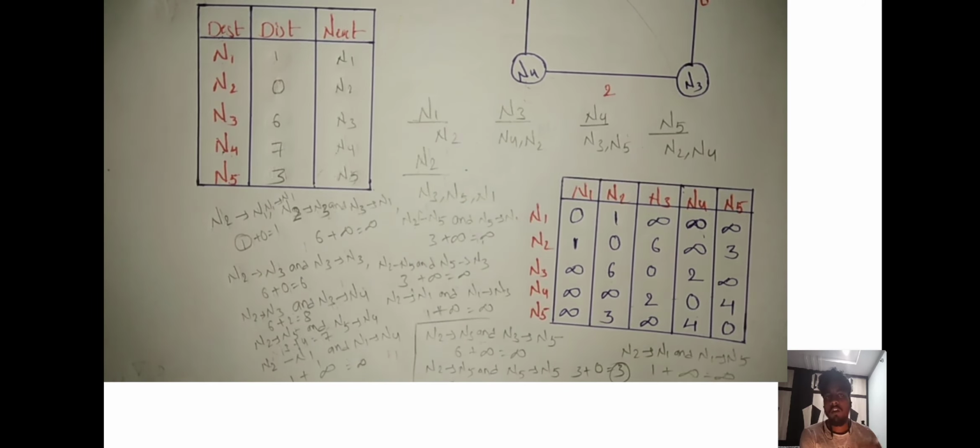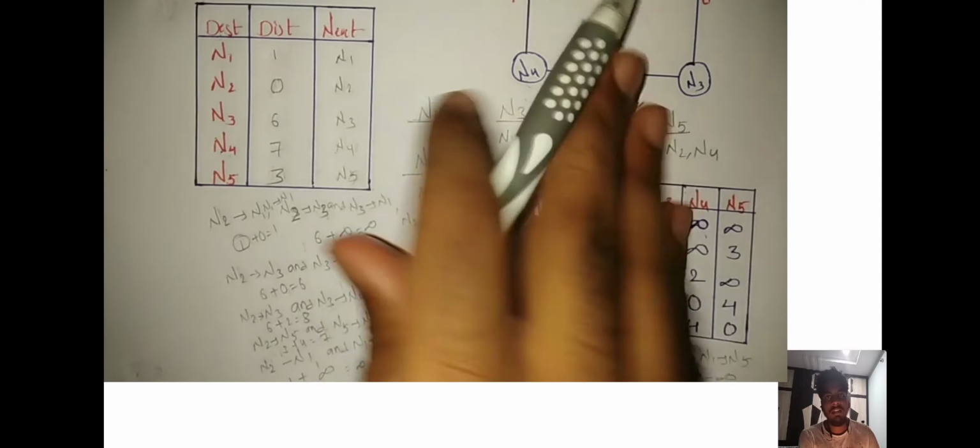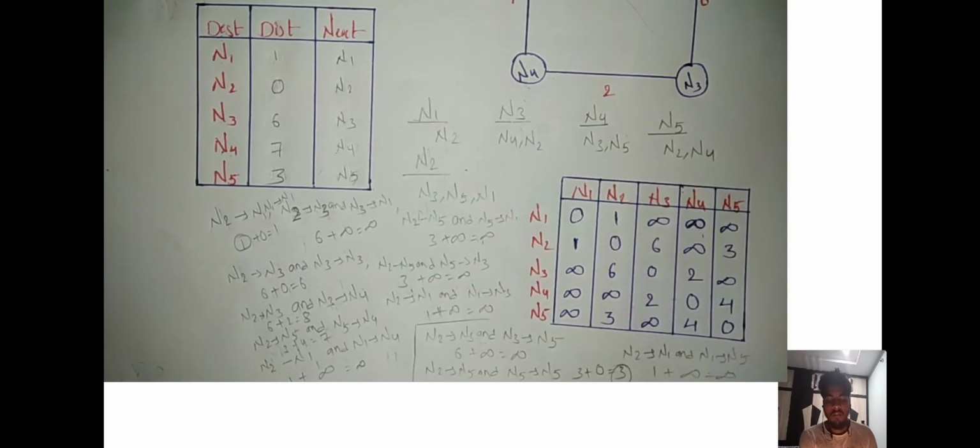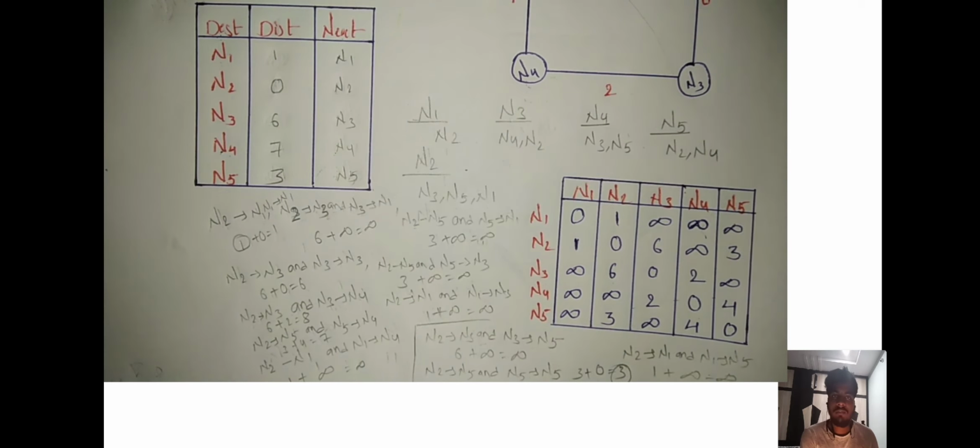In this way, we have to find the new routing tables of n1, n2, n3, n4, and n5, and so on. We have to repeat this process until we get the shortest paths. After the new routing tables of all the 5 routers come, again we have to take the adjacent distance vectors and complete that.